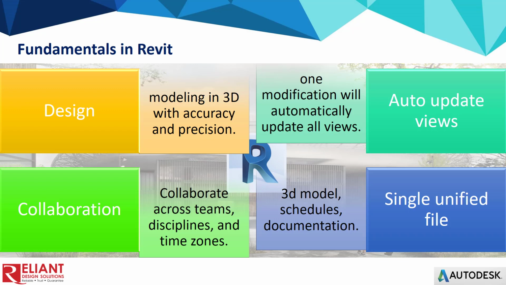Next one we have in Revit is auto update views. This is one of the biggest benefits to designers, I think. Usually in AutoCAD, designers need to draw elements in each type of view.